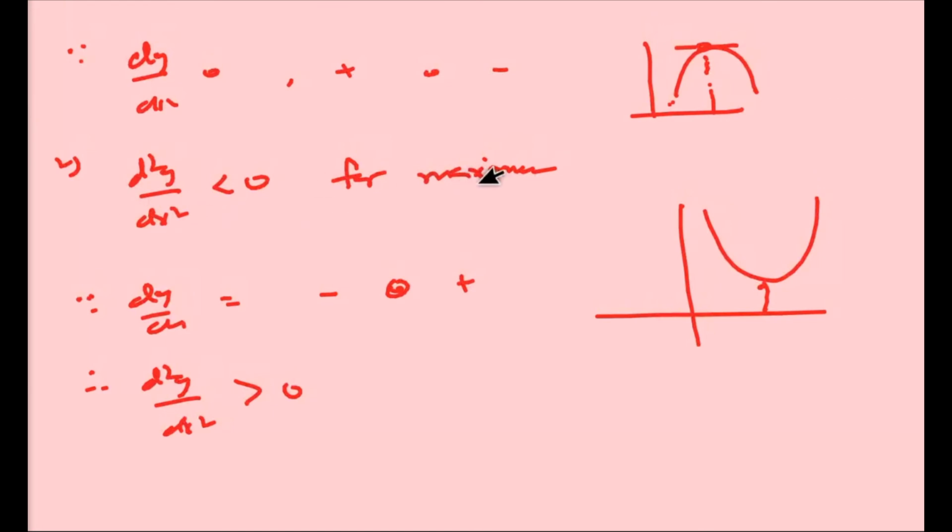So this is the condition for maximum and this is the condition for minimum. Understand from this curve, negative to positive, it is increasing towards positive, so therefore it should be greater than 0. Understand? Now again I am going to the point of inflection.